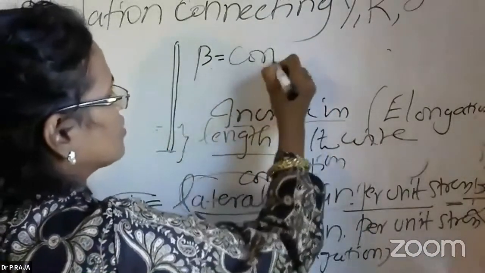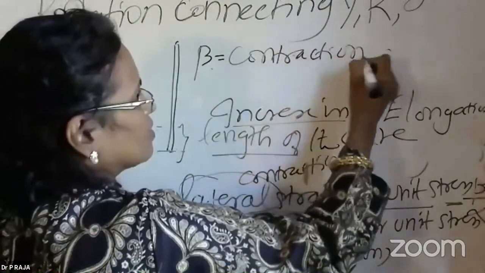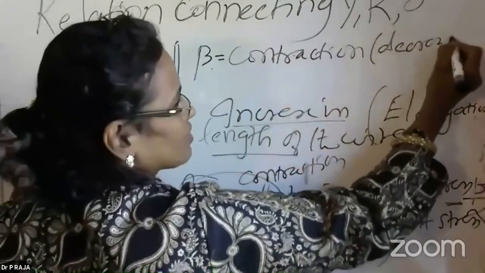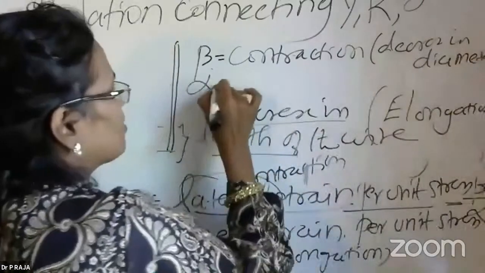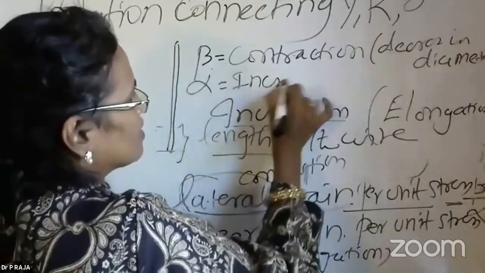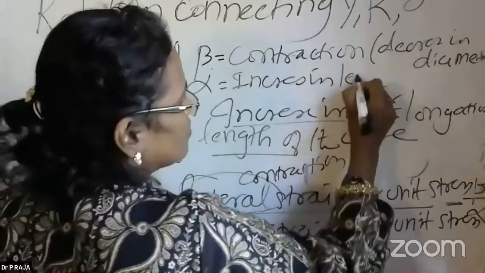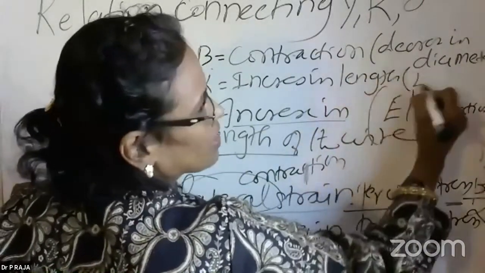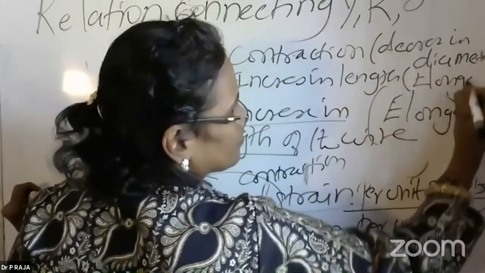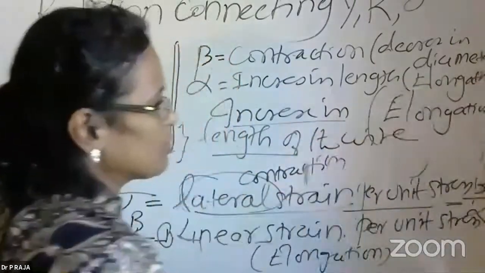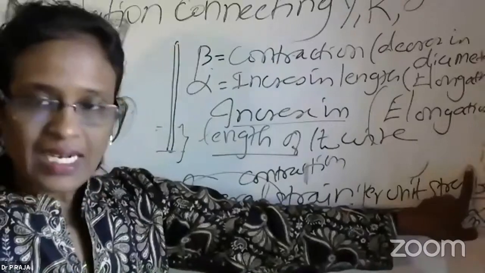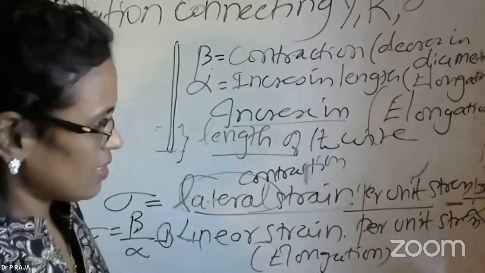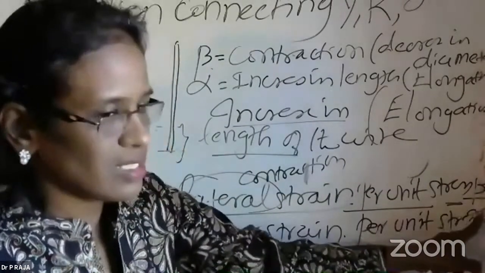Beta is the contraction portion, that is a decrease in the diameter, and alpha is an increase in the length, which is called an elongation. Keep that in mind. Alpha is the increase in the length, beta is the contraction produced on the other side. I hope you are able to see the other side.